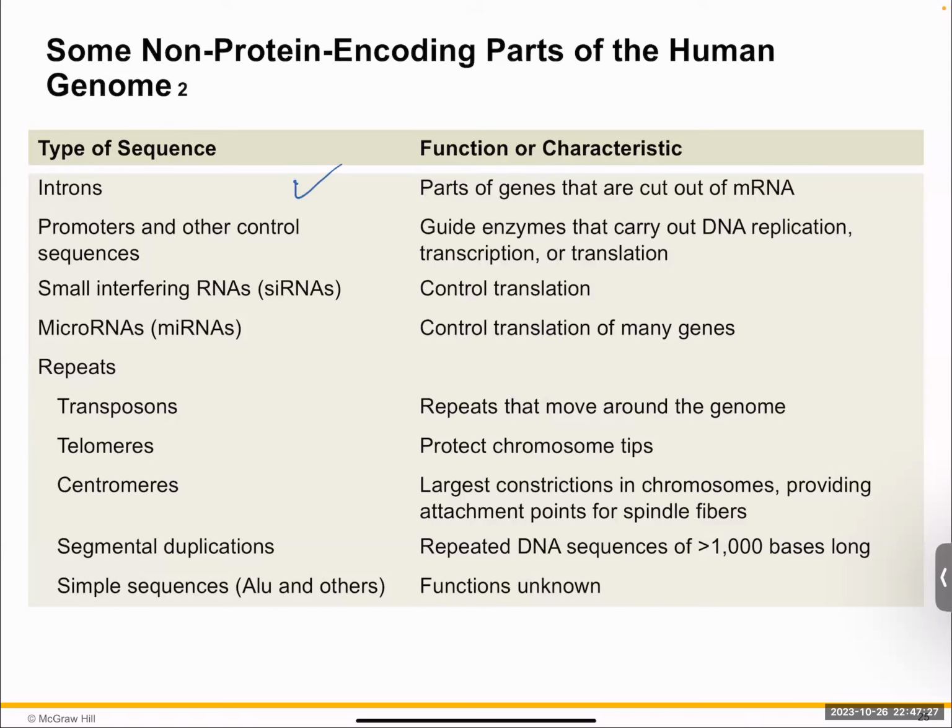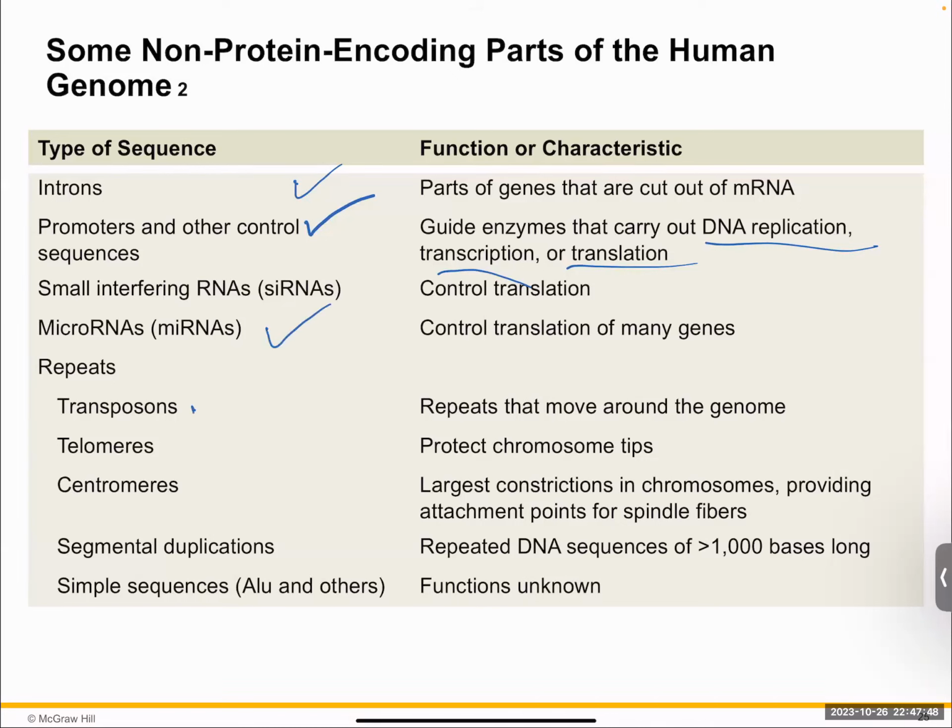Introns I didn't talk about in details, but we have mentioned it when we talked about introduction to the genome, so it should be familiar to you. Promoter sequences are very important. They're used for both the DNA replication, transcription, and translation, so their presence must be essential to those three functions.